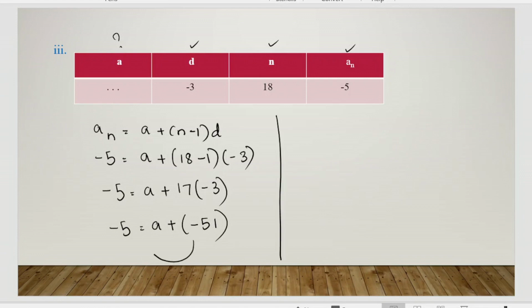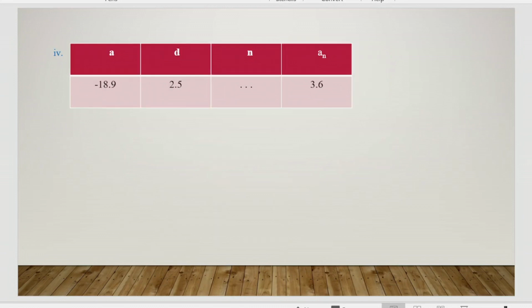Now let us take this minus 51 to the LHS, which becomes minus 5 plus 51 is equal to A. So you will get A is equal to 46. Okay. So the A value, the first term, is 46.